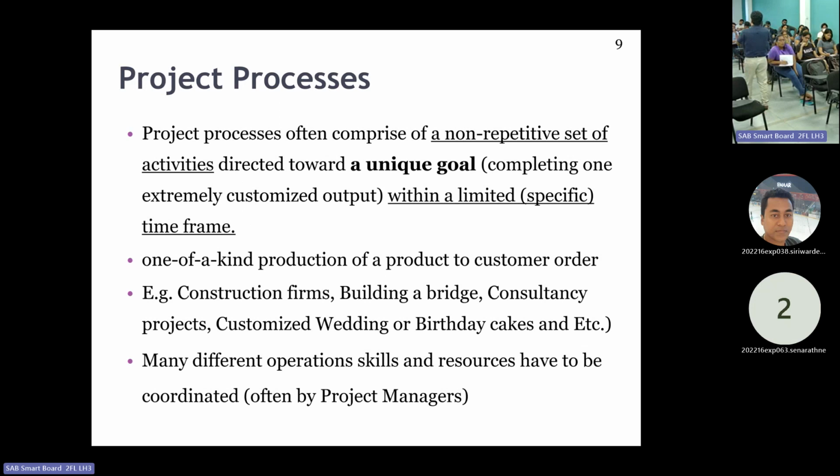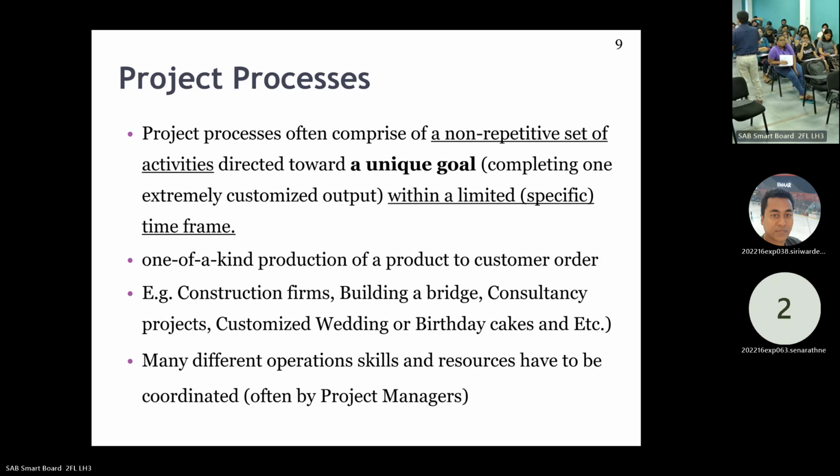For example, building a city. One output that requires a project process that has various different activities which should be completed step by step. At the end of it, we get the final product. Only one. Highly customized.